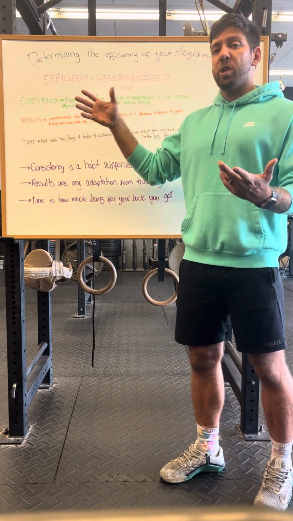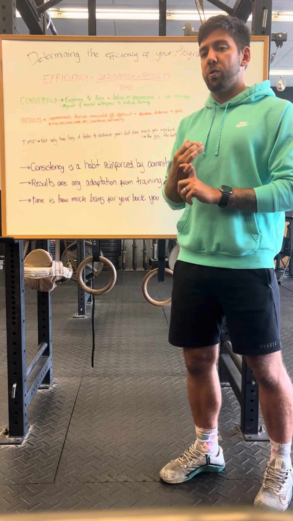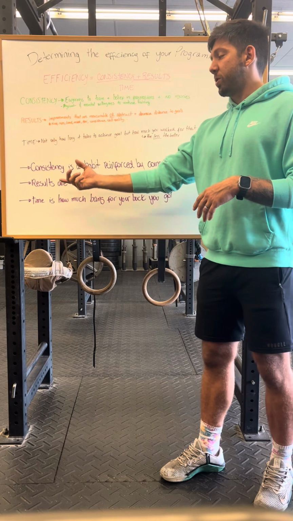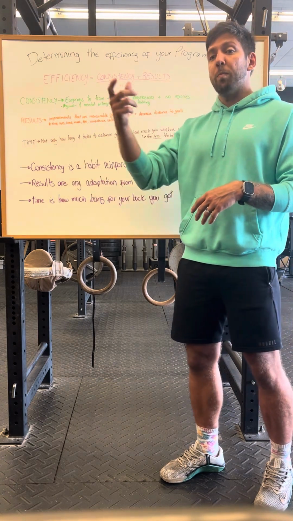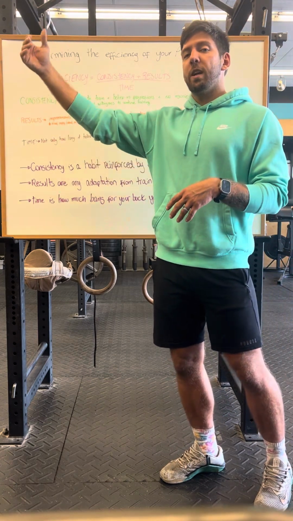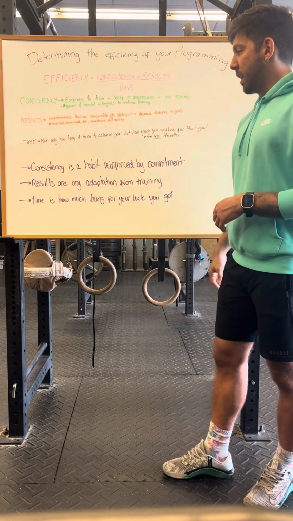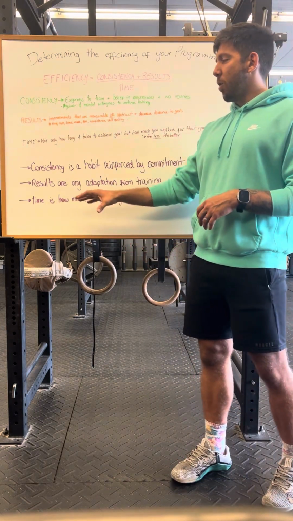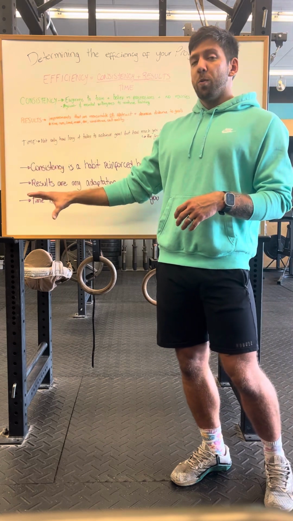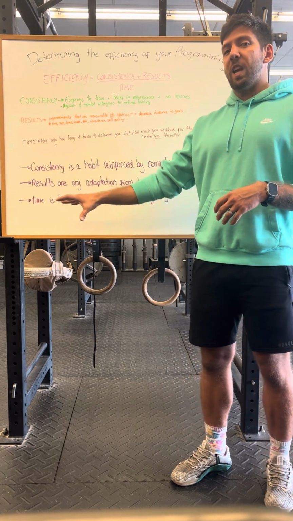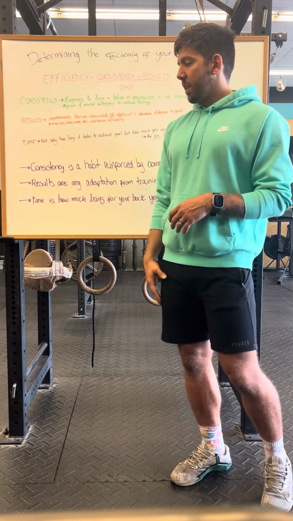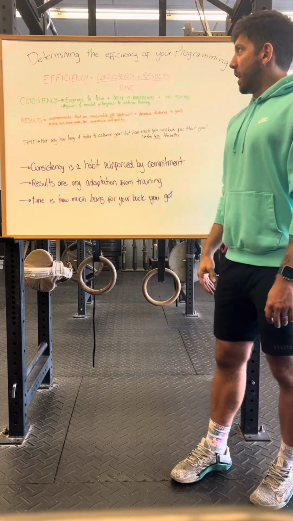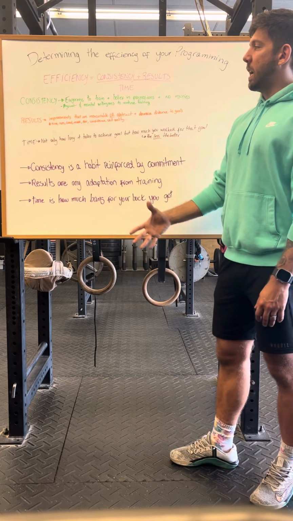If your training regimen includes nutrition and lifestyle habits, that means any results are any adaptation from your training plus your nutritional and lifestyle habits. And then time is how much bang for your buck you got. How little work you had to do for the same amount of results that somebody else had that had to work more for it. I hope this makes sense.